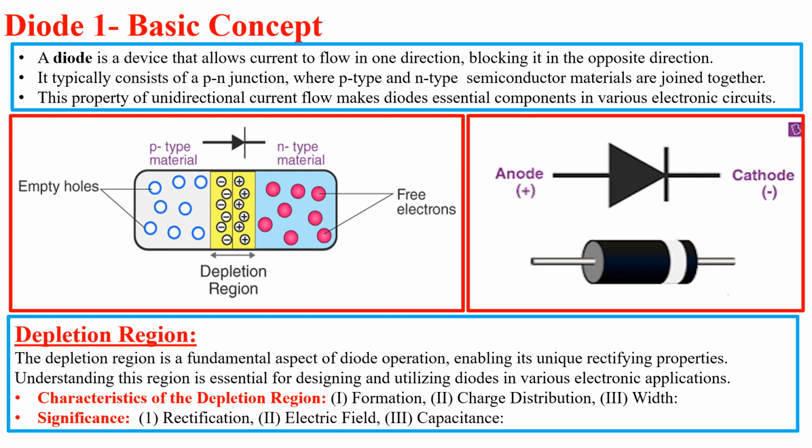When a positive voltage is applied to the anode side of a p-n junction, and a negative voltage to the cathode side, the electric field in the depletion region is reduced.